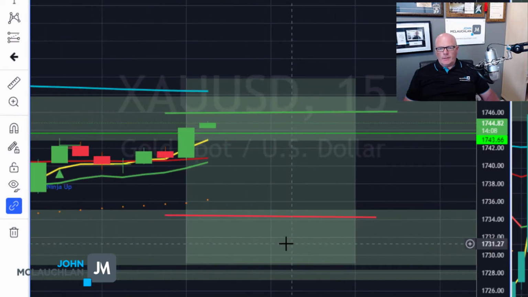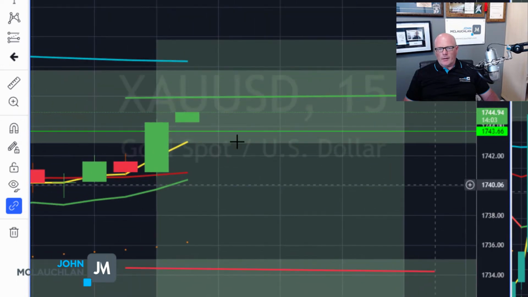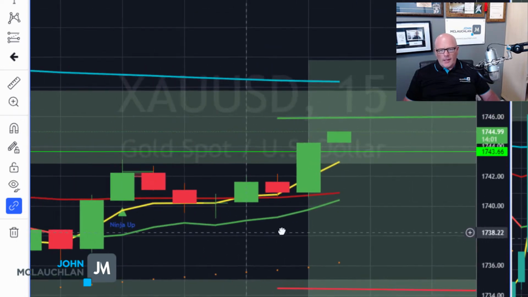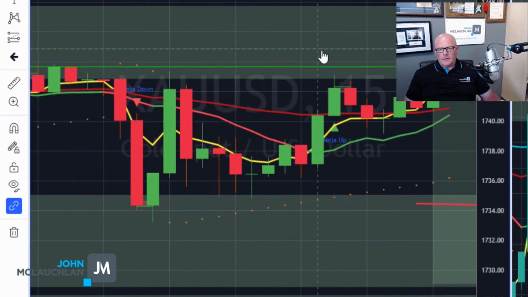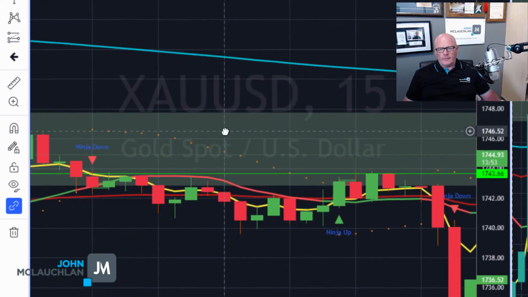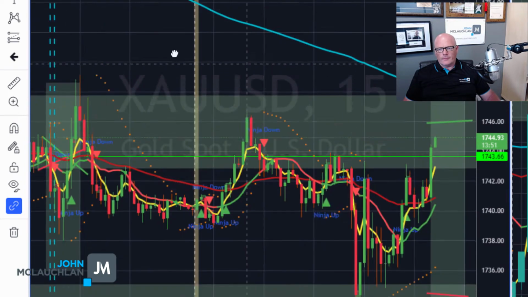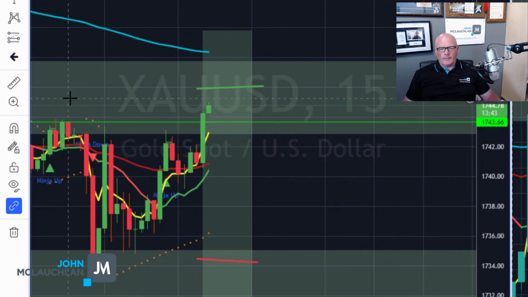Okay, so let's go and zoom in. We'll put those trend lines on. We'll get cracking. So what's the higher high next to this candle here? Well, it looks like there isn't one. Oh, it's here. It's this red one here.